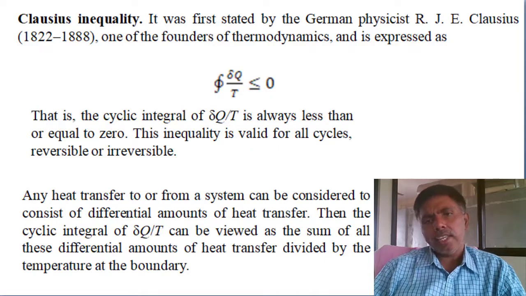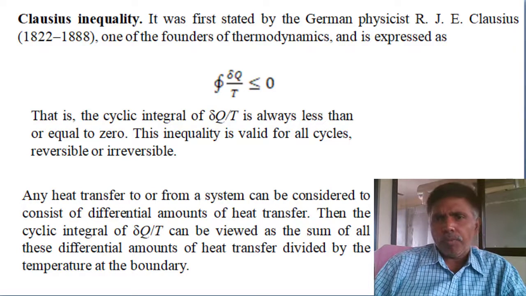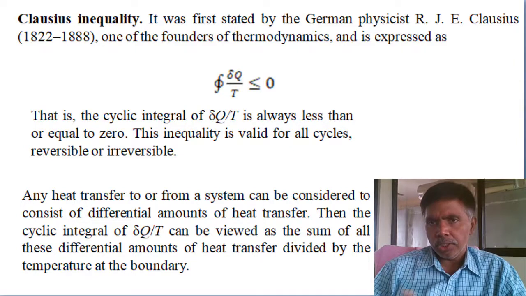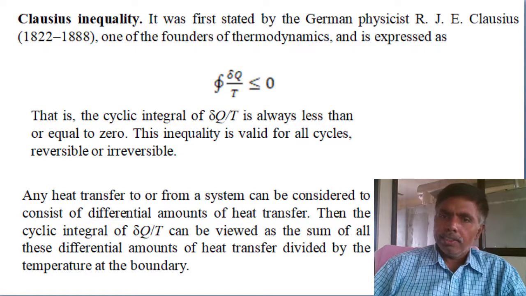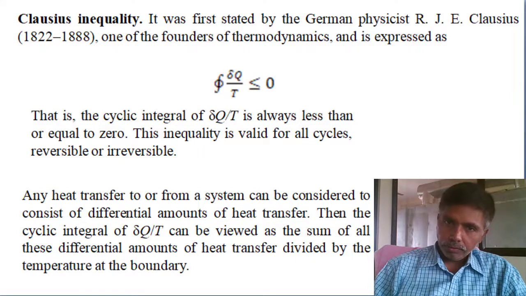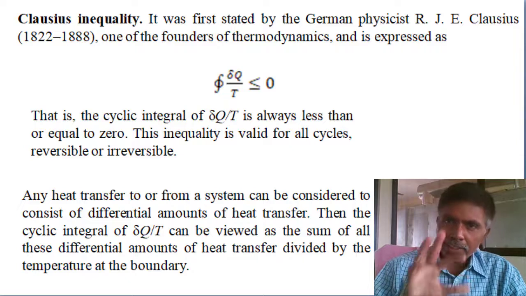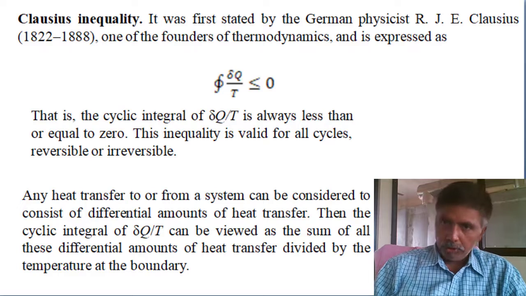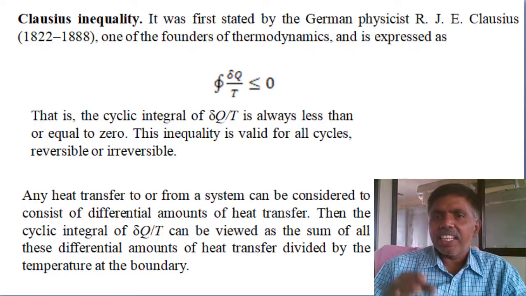Here, the Clausius Inequality is a common relation we use everywhere, proposed by R.J.E. Clausius, 1822 to 1888. His research was on the cyclic process: the summation of all heat interactions divided by boundary temperature is always less than or equal to 0.